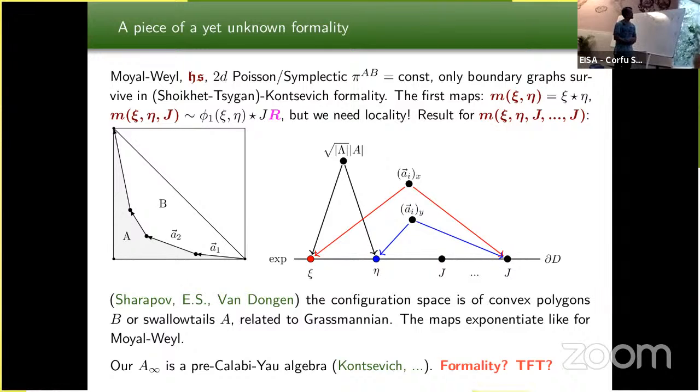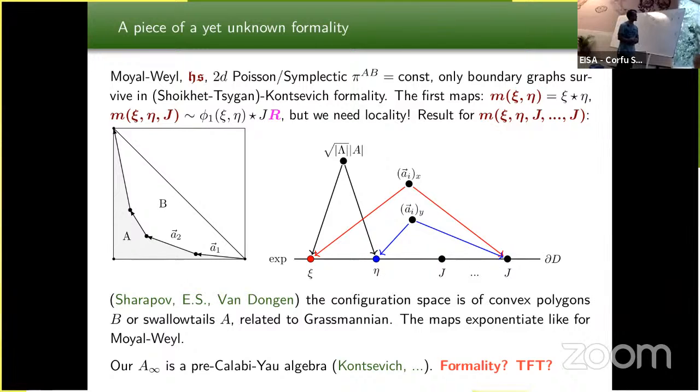In our case, because we started from the Moyal-Weyl algebra, the Poisson structure is symplectic, constant, so it's very boring. Out of these Feynman graphs, nothing survives in the bulk. You have some points in the bulk, but they immediately hit points in the boundary that correspond to arguments here. Now the miracle is that all these graphs somehow exponentiate, but there is some moduli left.